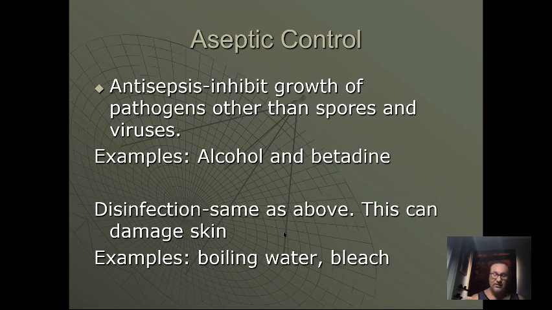is an antiseptic, but it can damage your skin. Example, boiling water, bleach. We all know we shouldn't be putting bleach on our skin. Some people do it. I don't recommend it. But what's that doing to our skin? Other than damaging the cells on our skin, it decreases the normal flora.